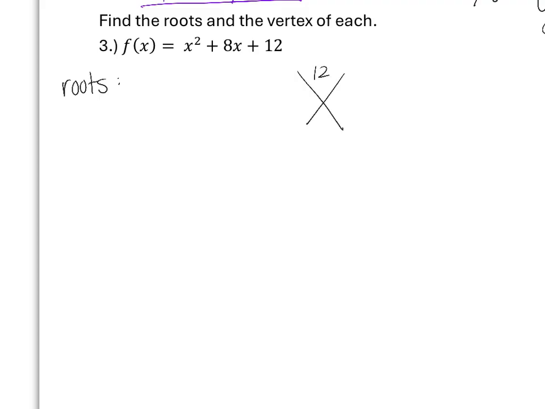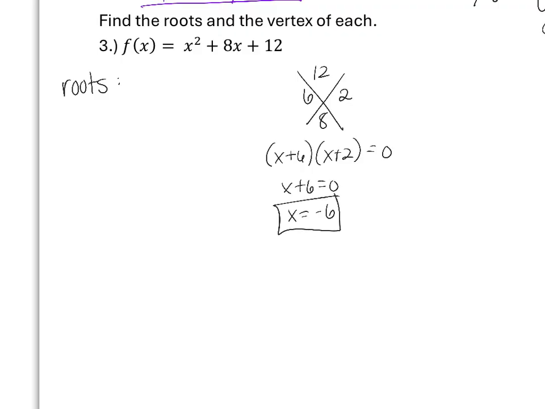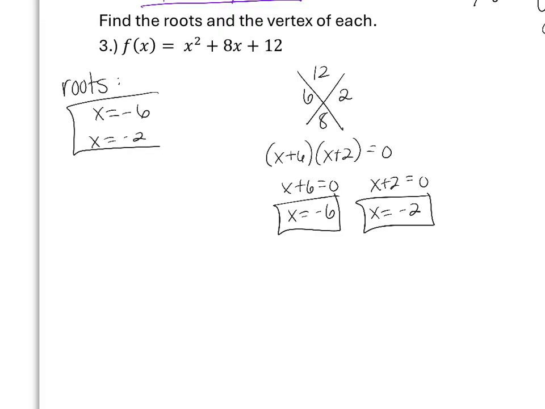This looks super familiar. It's literally the exact same one that we just did. Yeah, x plus 6, x plus 2, set it equal to 0. And then set each factor equal to 0. So we have roots at x equals negative 6 and x equals negative 2. So that's good. So far, so good.